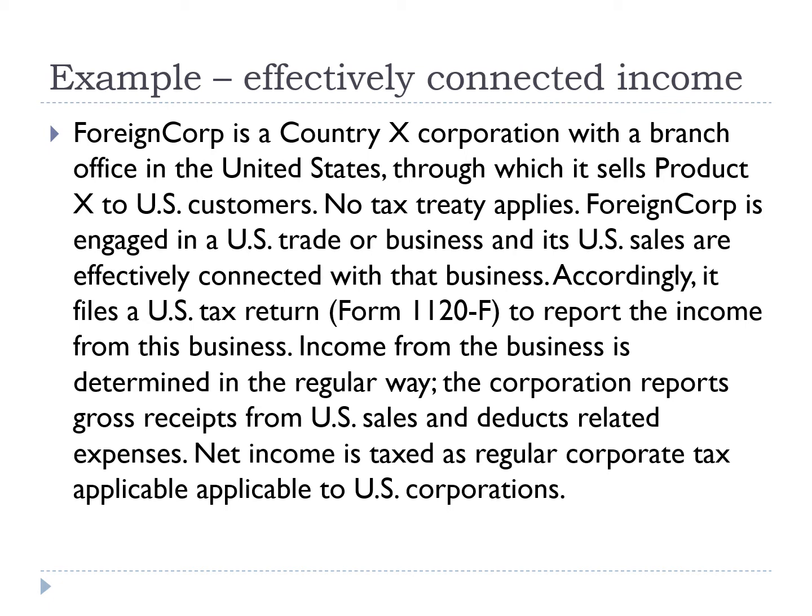Accordingly, it files a U.S. tax return, Form 1120-F, to report the income from this business. Income from the business is determined in the regular way. The corporation reports gross receipts from U.S. sales and deducts related expenses. Net income is taxed at corporate tax rates applicable to U.S. corporations.